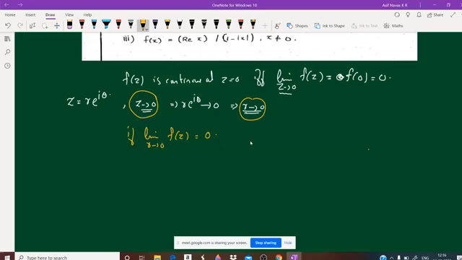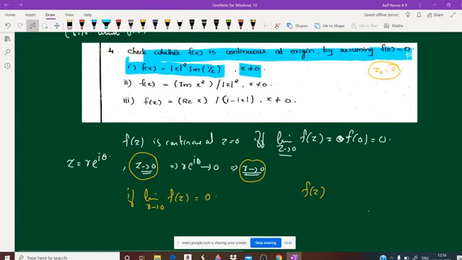Now we will check what is given. f of z is given as mod z square into imaginary part of 1 by z. Now we will convert it into polar form.